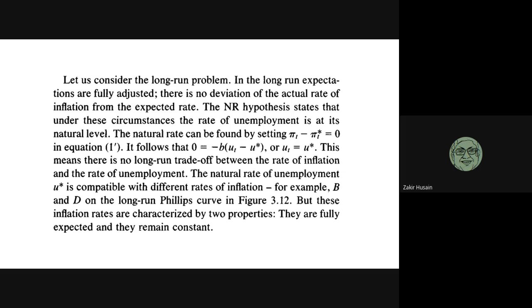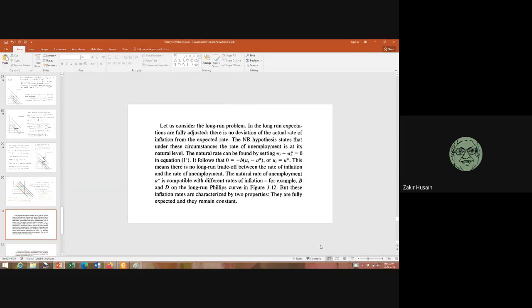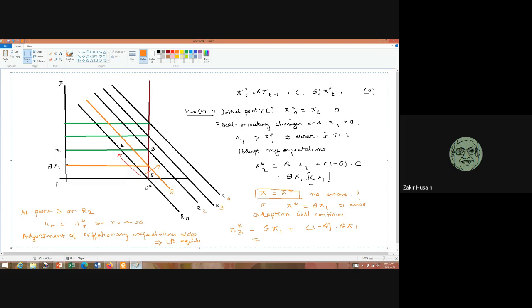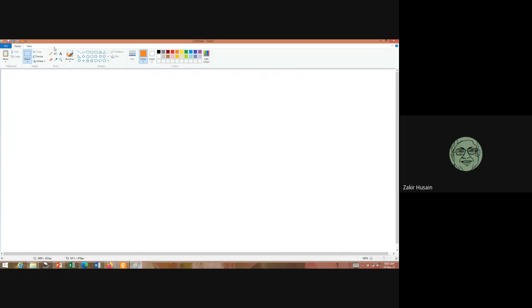Okay, so you just have to set pi t minus pi star t equal to 0 in equation 1, and you are going to get 0 is equal to minus b times u t minus u star t, or u t is equal to u star. Sorry, I'll just show this to you. It's pretty easy.